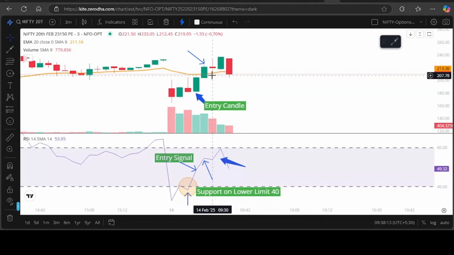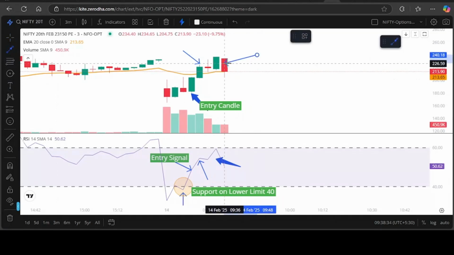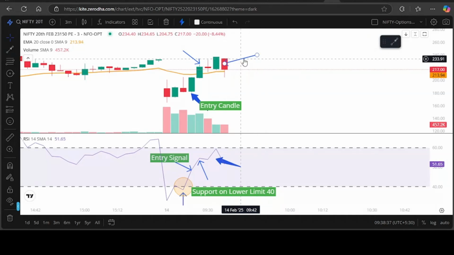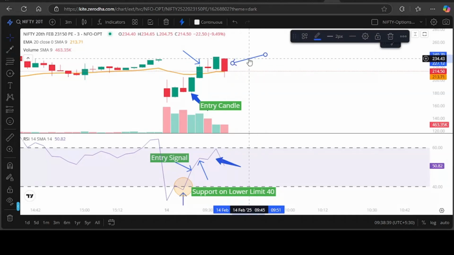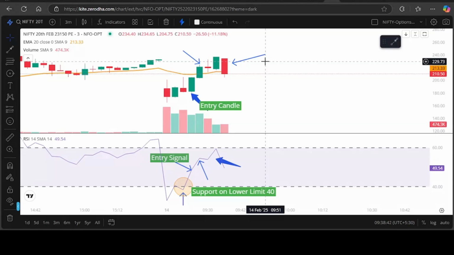After the doji, again I'll repeat, if you think that you want to stay in the market, make sure that you have your edge in place, you have your strategy in place in case such candles, these kind of trending candles, are formed. So you should be right at your seat. Don't leave your seat while such trades are going on. It can suddenly start falling as we see it on the screen.